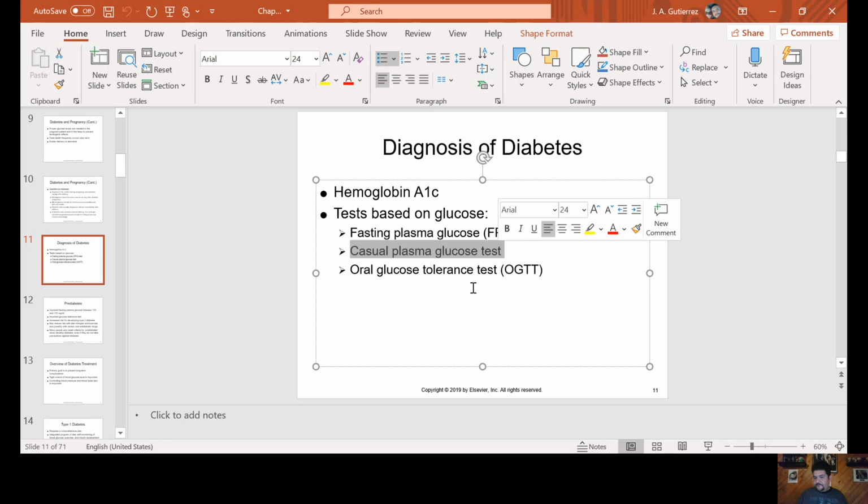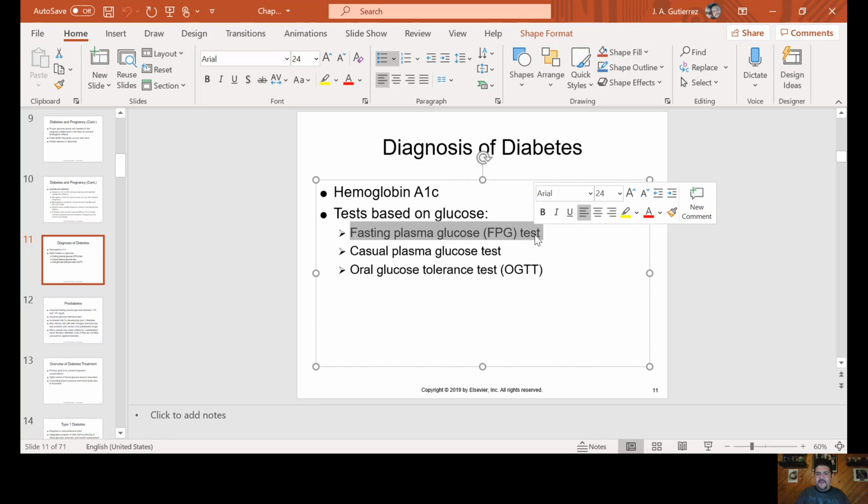So the doctor is going to say, you know what, let's do something more specific. I'm going to have to control the environment. I have to control the patient, and that's when they're going to do a fasting plasma glucose test. The patient is going to call the lab. The lab is going to set up the appointment, and they're going to tell the patient you need to be fasting for, depending on the lab, 8 hours to 12 hours.